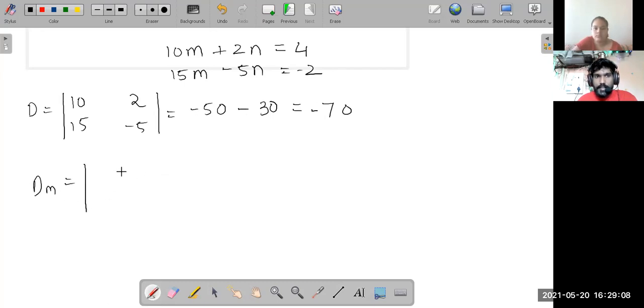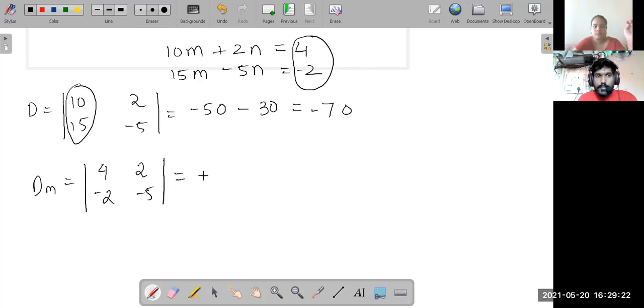Then you find out Dm. When you find Dm, in place of the first column you replace it with the right hand side values. So 4, minus 2, 2, minus 5. Do the cross multiplication. 4 into minus 5 is minus 20, minus 2 into 2 will give you minus 4.